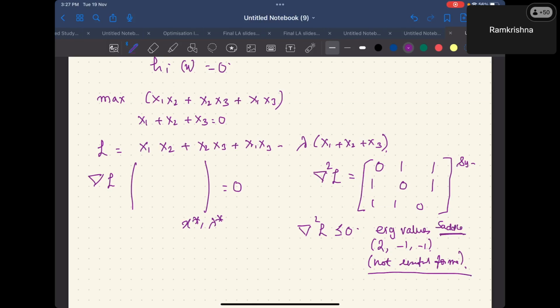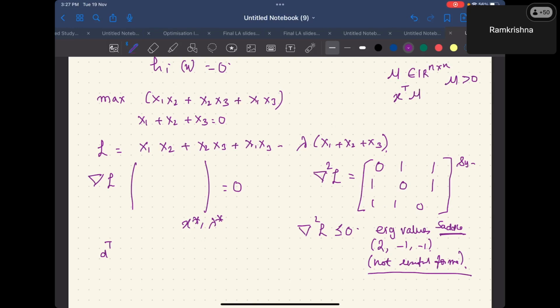Okay, so how do we check for positive definiteness or negative definiteness and so on? Generally, if I take any matrix M in R n cross n, I want to check whether M is positive definite.